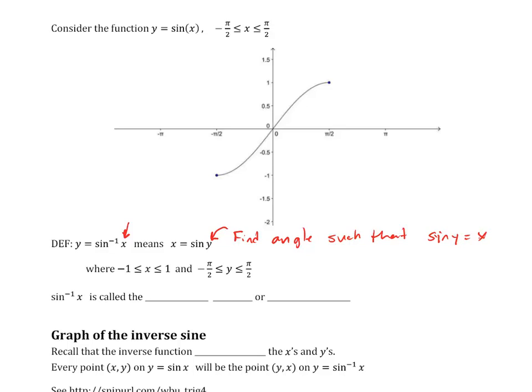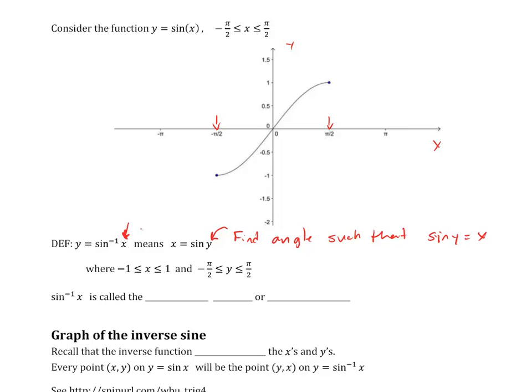Okay? And in these cases, recognize that here's x, here's y. In my function, the input of sine goes from negative pi over 2 to positive pi over 2, and the output goes from negative 1 to 1. Now what does that mean I can plug in here?